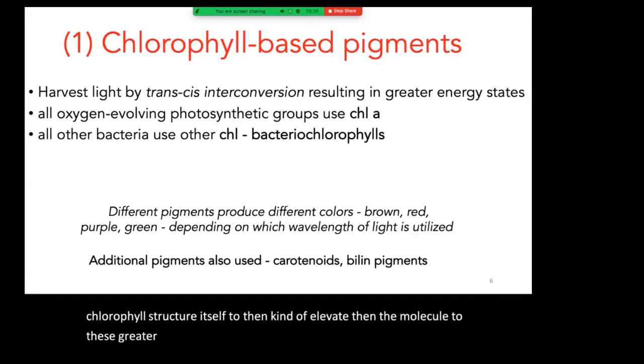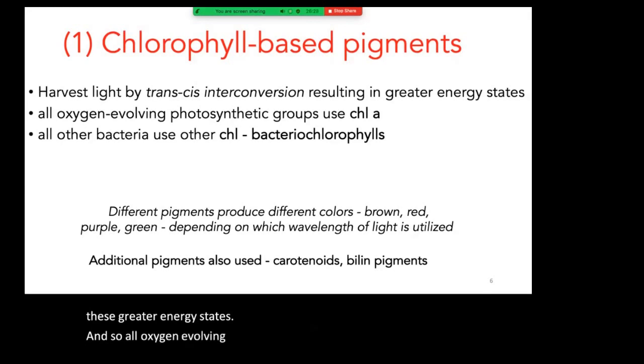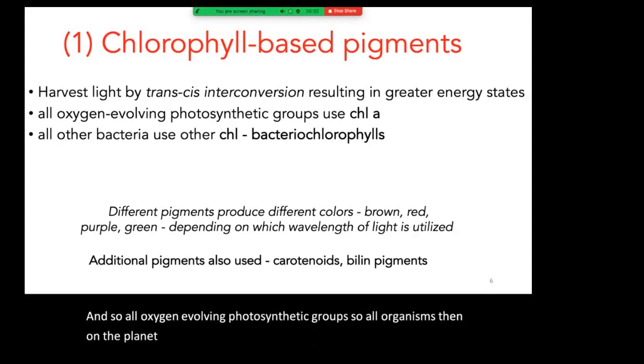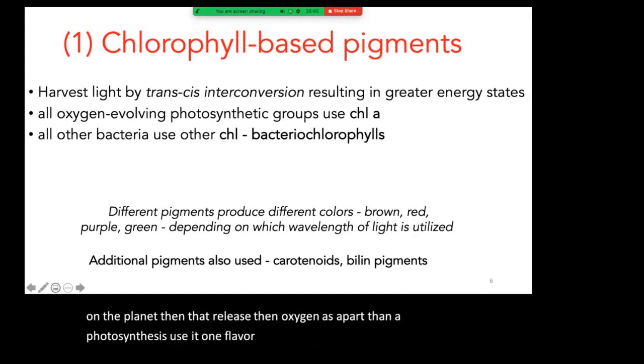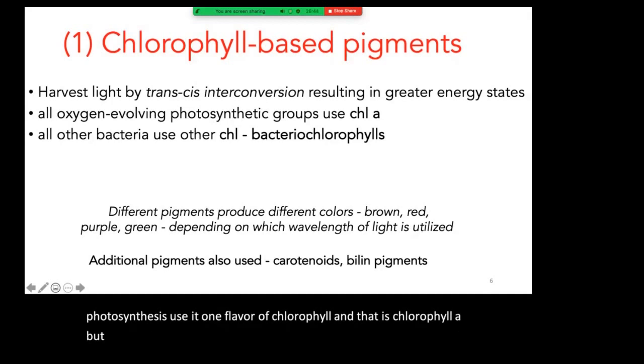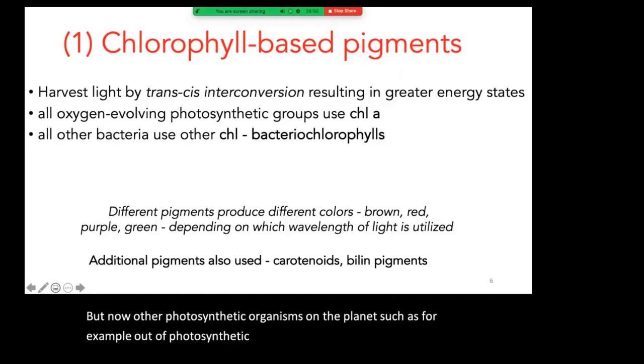And so all oxygen-evolving photosynthetic groups, okay, so all organisms on the planet that release oxygen as part of photosynthesis, use one flavor of chlorophyll, and that is chlorophyll A. But other photosynthetic organisms on the planet, such as a lot of photosynthetic bacteria, use other flavors of chlorophyll known as bacteriochlorophylls, okay?